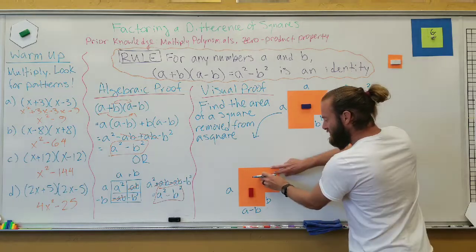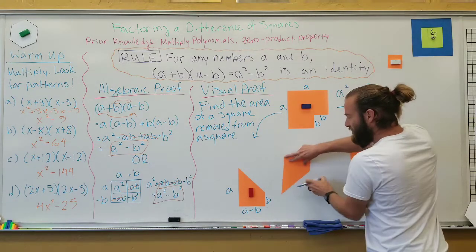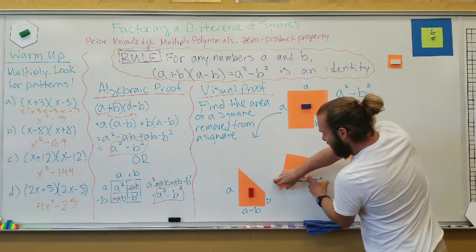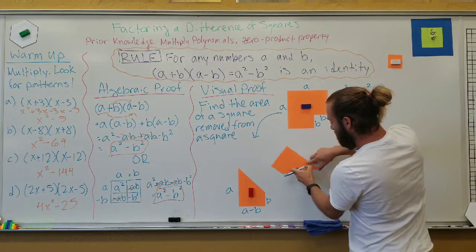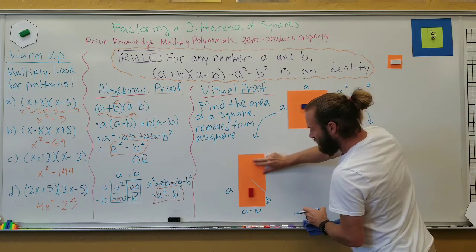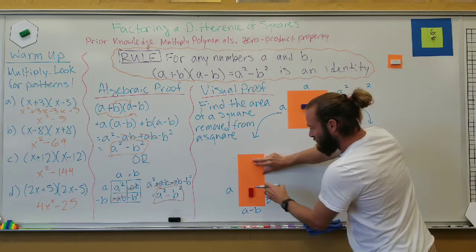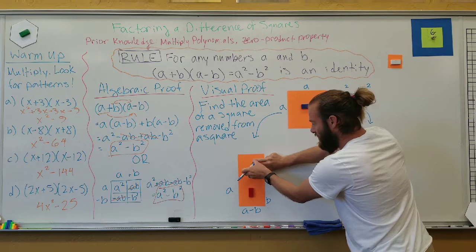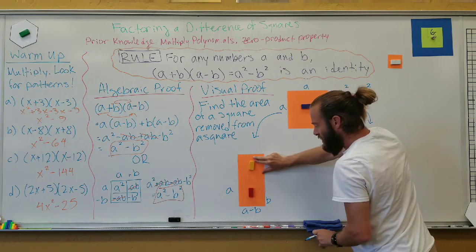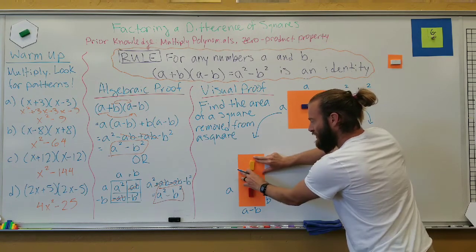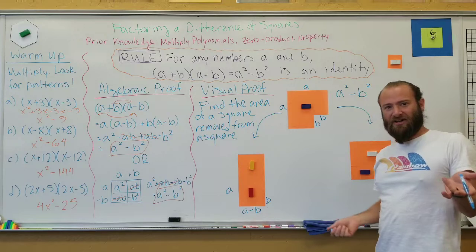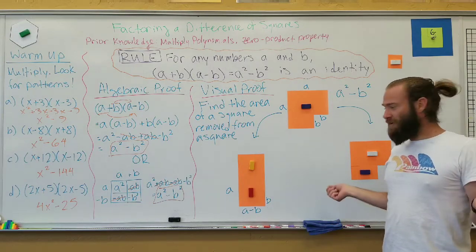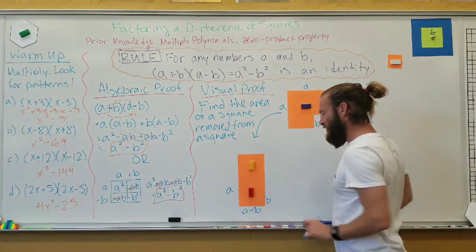So watch this crazy thing I'm going to do. I'm going to move this, but I'm going to flip it across here, and I'm going to rematch it up. Because that diagonal length is still the same, I've been able to rearrange this into a rectangle. Rectangle area is really easy to find, because we just take our length times our width.